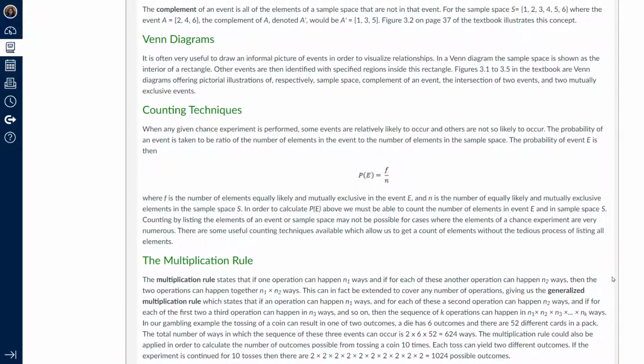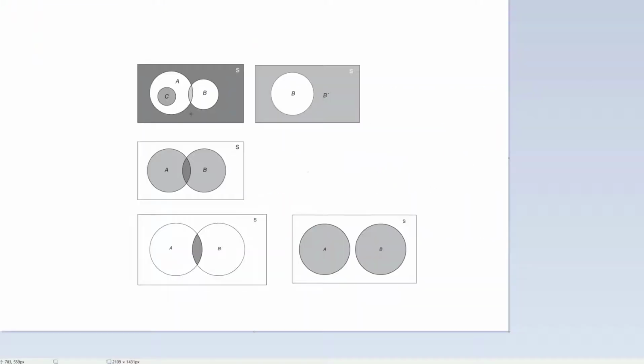Another way we can visualize all the events, sample space, and elements is what we call a Venn diagram. In a Venn diagram, we have a space, everything inside a rectangle. We have some examples in the book chapter. We can draw a rectangle, and we call it the sample space.